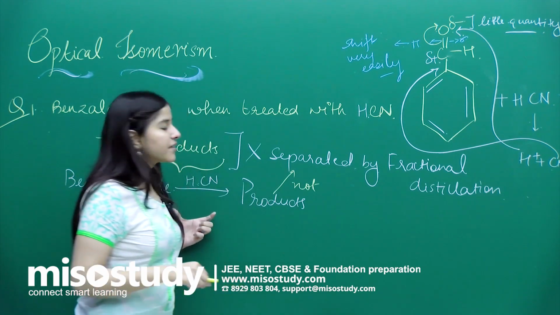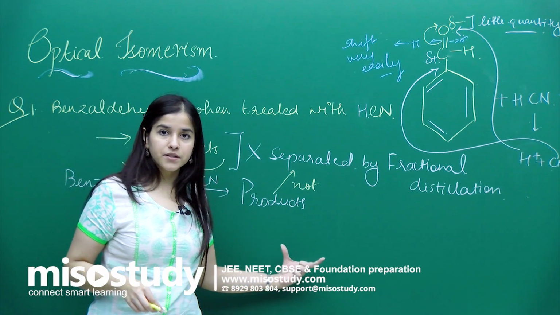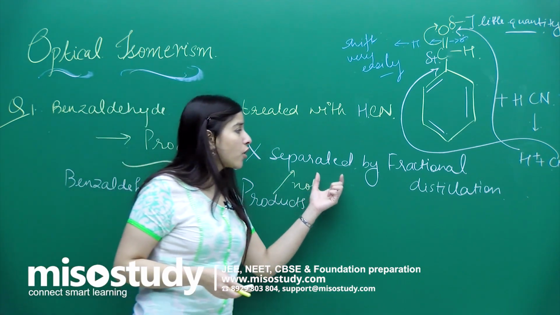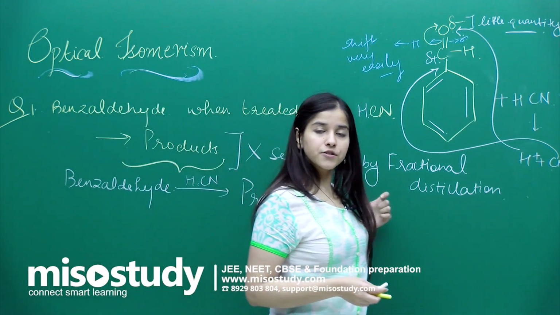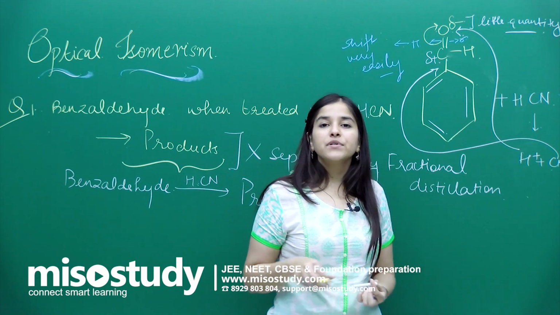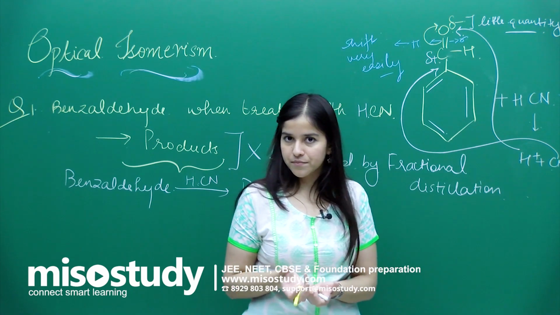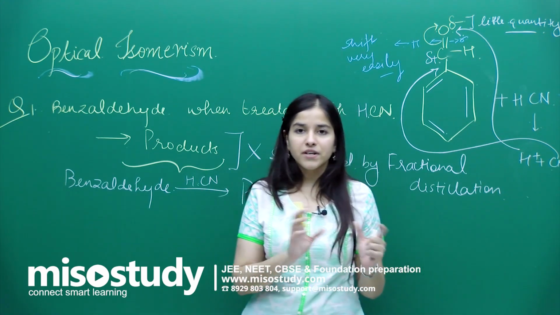So what will happen? It will give some products, and the product will be what kind? It will not be separated by fractional distillation. Actually in fractional distillation, we have a mixture of compounds, and we have to separate each and every compound.